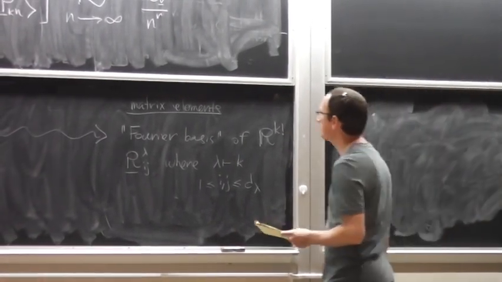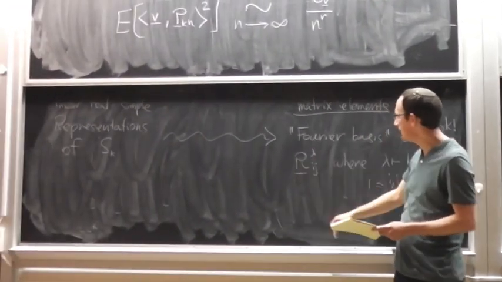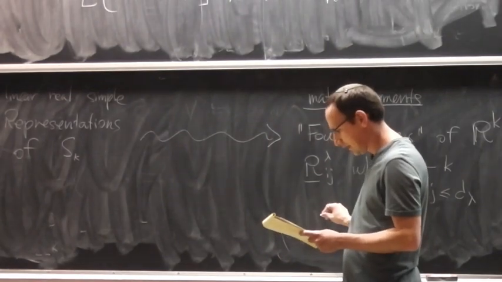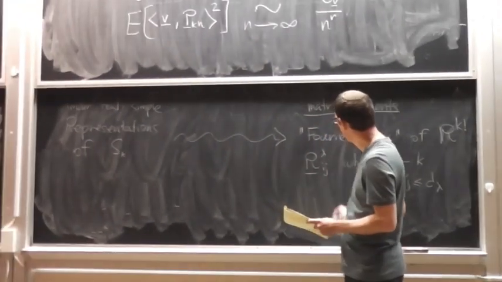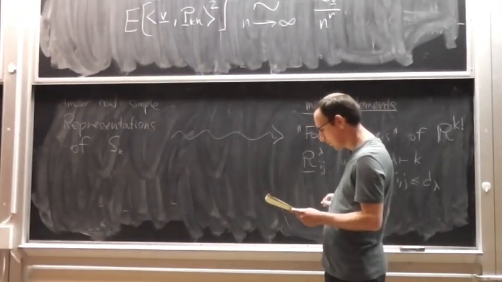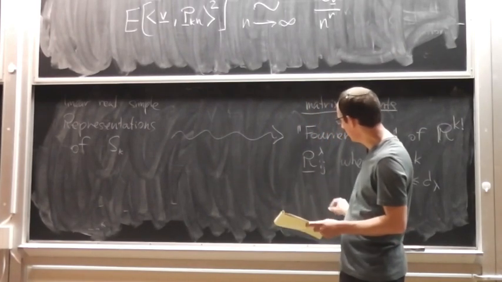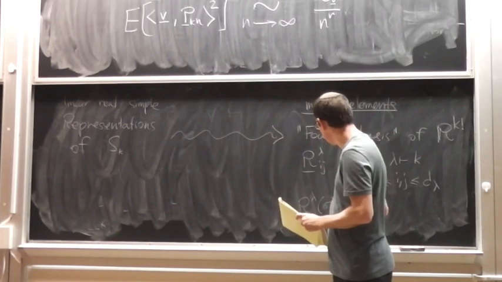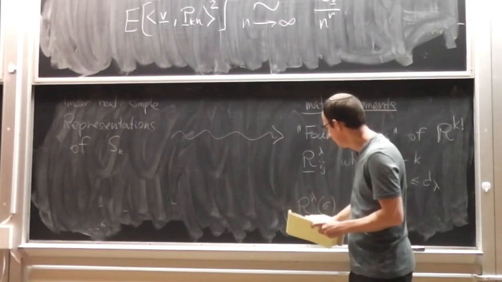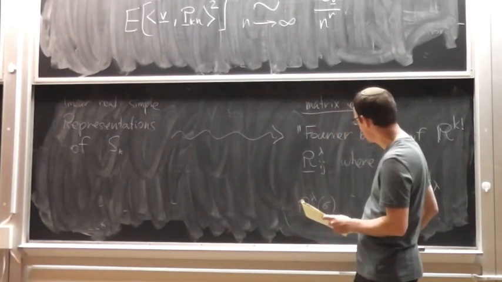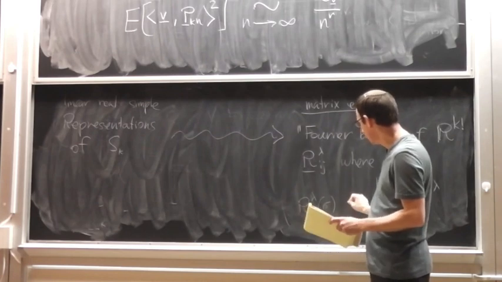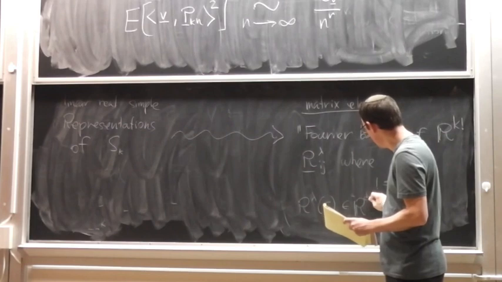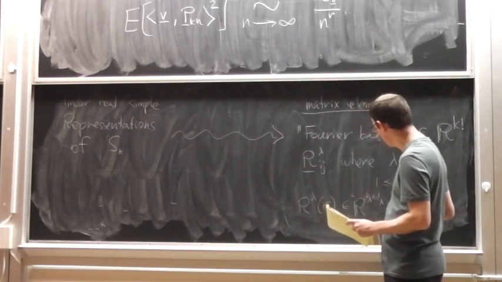Why are they called matrix elements? Because you can look at them as matrices: R_ij^lambda gives you the ij entry of the matrix R^lambda. So R^lambda(sigma), for each sigma, is now a number rather than a vector, and it's actually a d_lambda by d_lambda matrix.